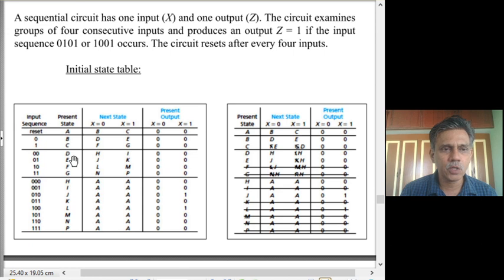So from D you go to H or I based on whether you get a 0 or 1 in X. From E you go to J or K. From F you go to L or M, and from G you go to N or P. So we have generated a large number of states. Well, this is still the third bit, so the output is always 0. And you can be in any one of these 8 states after receiving the third bit.